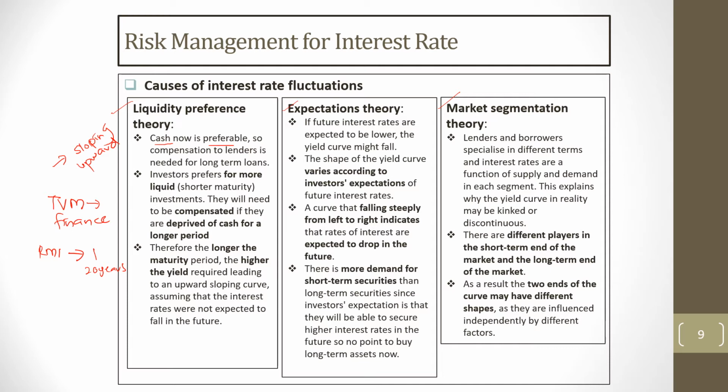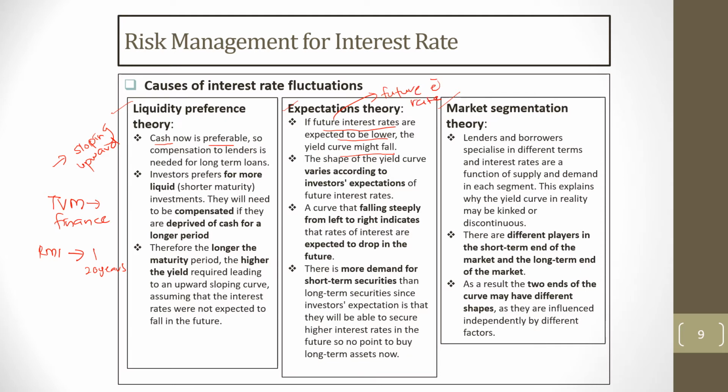Okay, so next, expectation theory. Basically, expectation theory kita dah cover before this. So, I hope that you remember what is expectation theory. Expectation theory is when the future interest rate are expected to be lower, the yield curve might fall. So, sekarang ni sebab expectation. So, bila expectation, dia relate with the future interest rate.